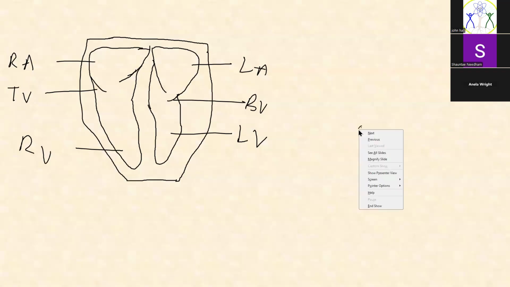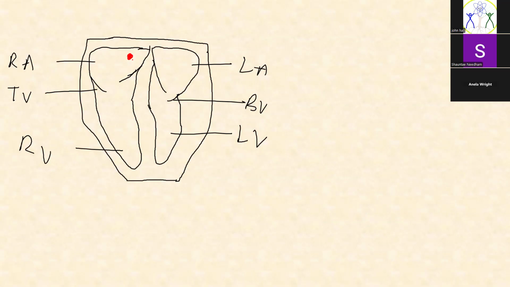Now, within our right atrium, you're going to have a little bundle of cells. Okay.